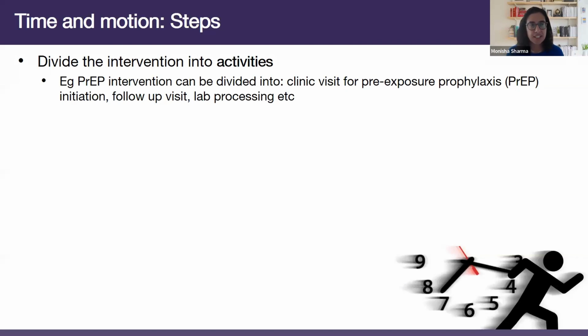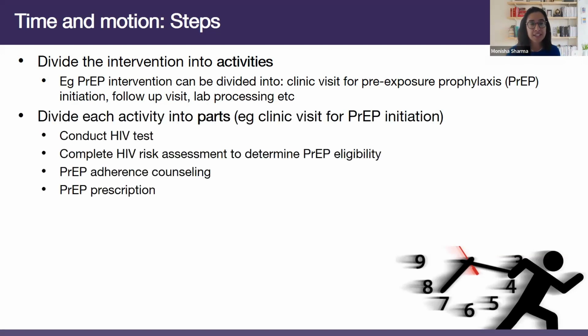So the steps for conducting a time and motion observation is first to divide the intervention into activities. So for example, if you're looking at a PrEP intervention, you can divide that intervention into clinic visits for PrEP initiation, follow-up visits, lab processing, etc. And then you divide each activity into parts.